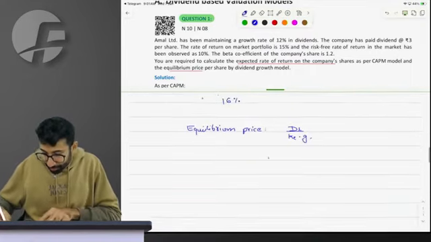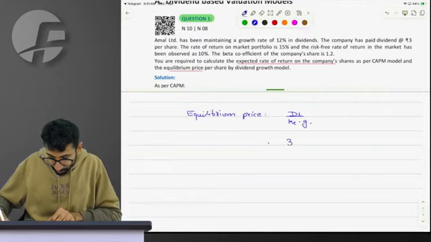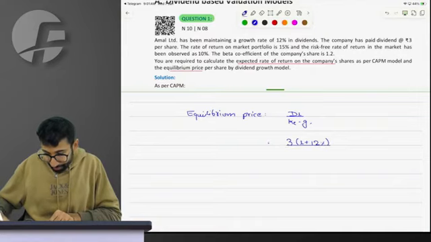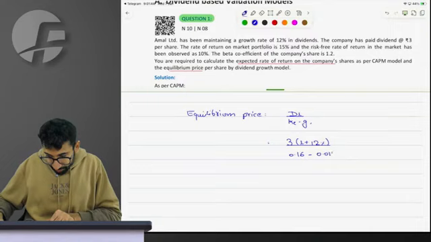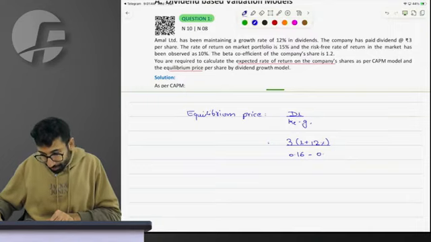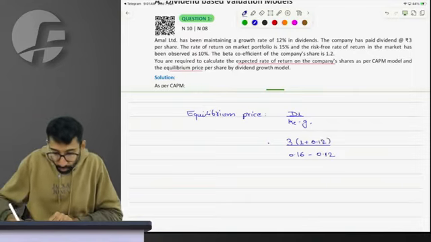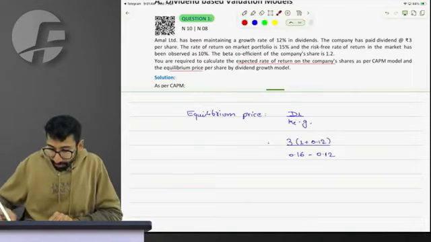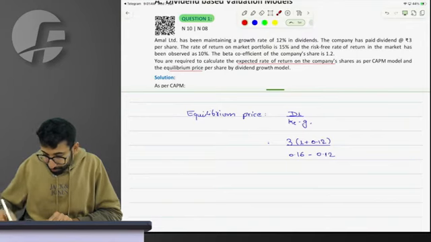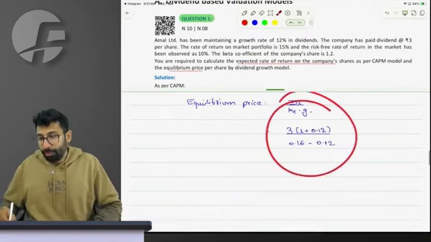It's actually not given, so we have to take D0, which is 3, into 1 plus 12%, which is 1.12, divided by 0.16 of K minus 0.12 of G. In fact, let me write the growth as 1 plus 0.12, so that everything in the formula which relates to percentage is in decimal and you are able to understand it better.